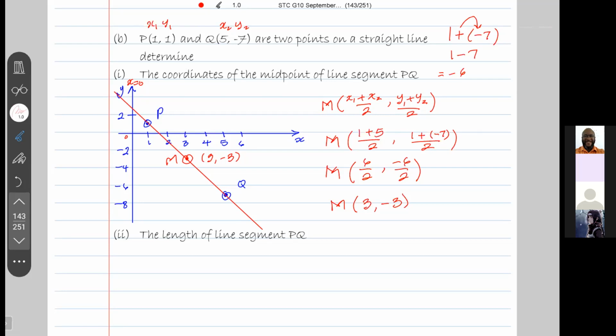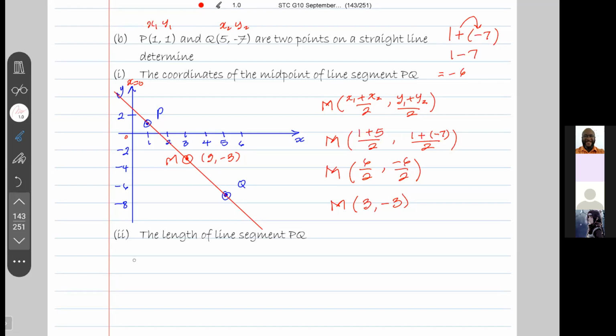Do you expect the gradient of the line PQ to come out negative or positive? Janelle or Anaya? Negative. Very good. I'm expecting the gradient to come out negative because the line is sloping down.